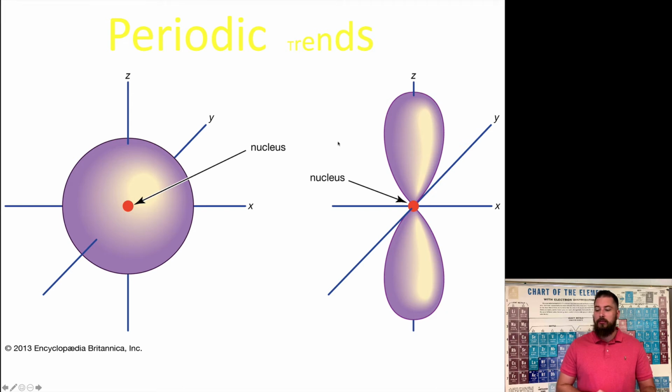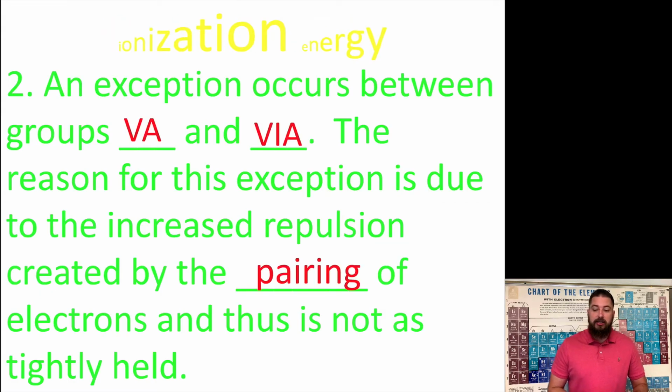You can see here in the middle, the p orbital actually has this region where the electron isn't really occupying, and so because of that, even though there is an increase in effective nuclear charge, when you go from the second column to the third column, there's a decrease in ionization energy. There's actually another exception as well for ionization energy. An exception occurs between the 5th column and the 6th column.